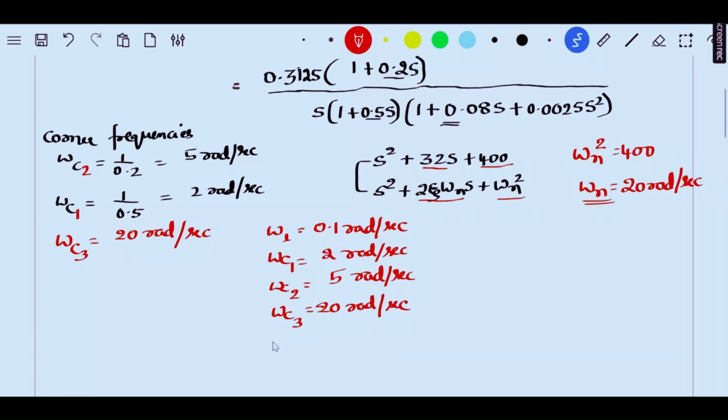And finally, we need to take one more term, omega H, which is more than 20, so I'll take 50 radians per second. So these are the omega values, the corner frequencies, which we have calculated for this particular problem.